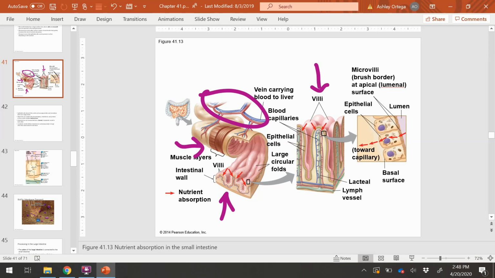When looking at the surface of the villi, each cell has little hair-like projections as well, and these are called microvilli. That's forming the actual brush border on the surface of the cells. Many people get villi and microvilli confused, and you do want to keep those separate. Microvilli are on the cells, villi are finger-like projections in the small intestine.